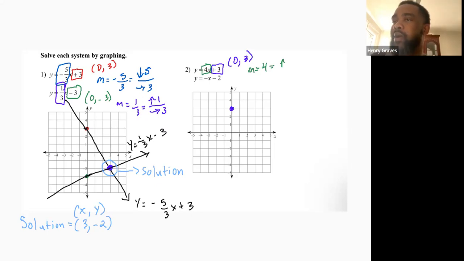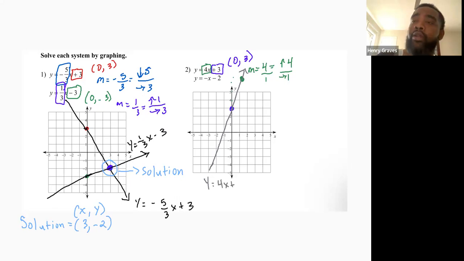So from here, I'm going to be right off the graph. 1, 2, 3, 4 over 1, that'd be perfect. Right there. I should have probably checked to make sure it was not off the graph. Unfortunately, it was. So that's my equation for y equals 4x plus 3. That's my line for that one.